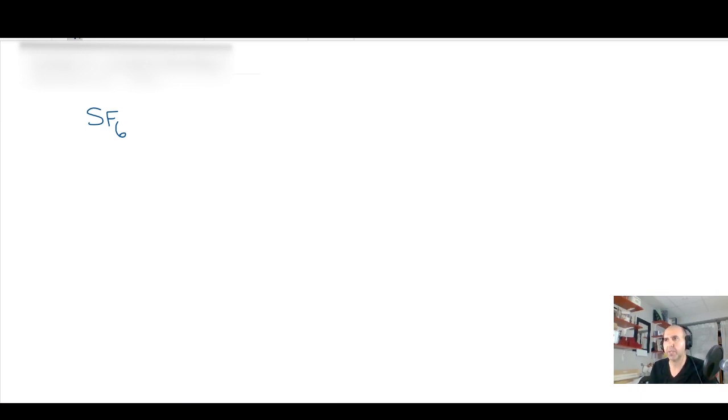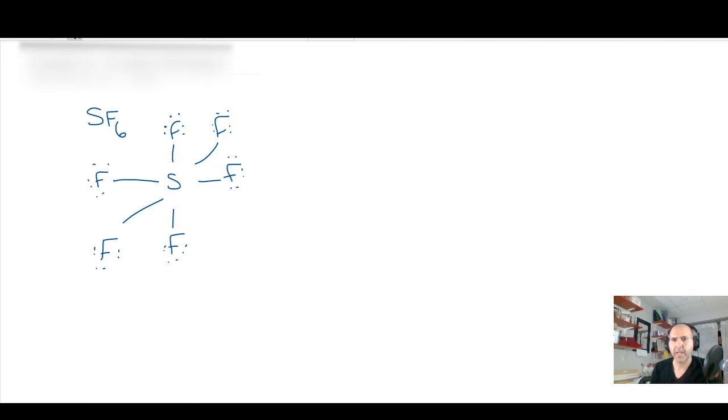It's not charged, so if we jump the gun a little bit, we could say, well, I have sulfur, and I probably have all the fluorine atoms around it. And then I put in all my electrons, and I probably get a structure that looks like this.